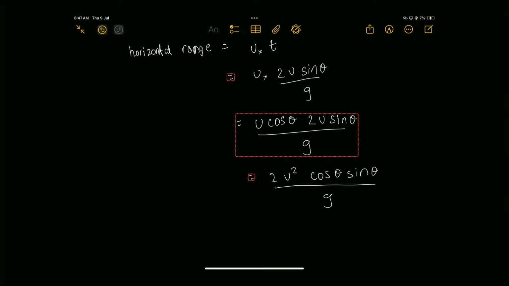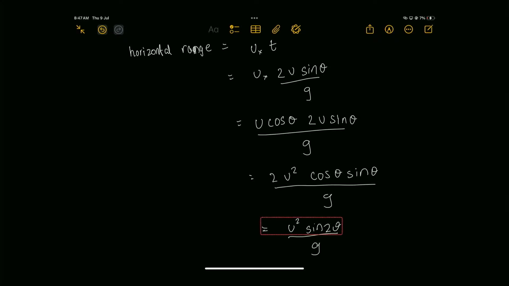So you do not need to know this identity that relates cos theta and sine theta. We could also write this as U squared sine 2 theta over G, right?